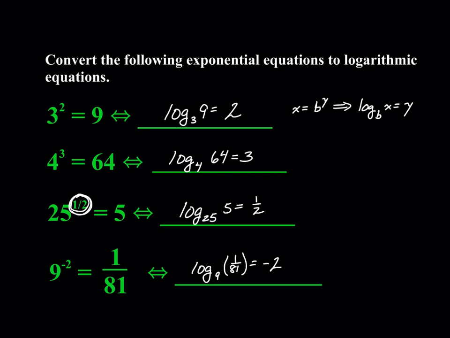So 25 to the 1/2 power means square root of 25, which is equal to 5. And the other thing to pay attention to is when you have a negative exponent. A negative exponent flips your number. So this becomes 1/9 squared. After you flip it, the exponent becomes positive, and this converts into 1/81.